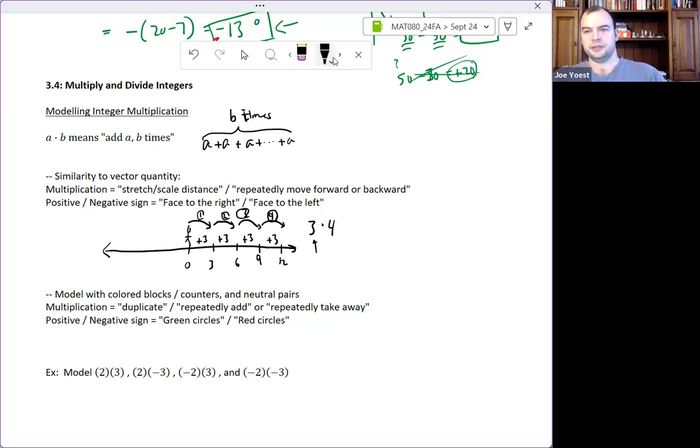I could alternatively think of, for instance, doing -3 times 4.